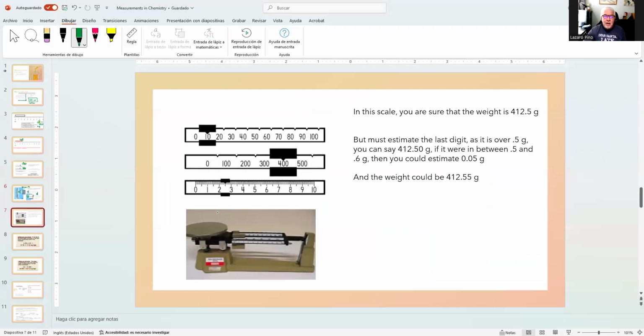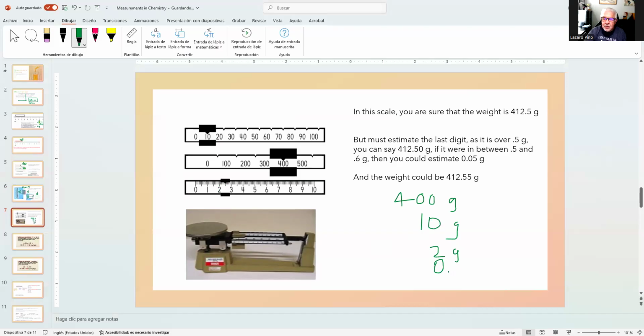Look at this. You're here measuring the weight. In this case, you are sure about the weight of the object is 400 grams. But also, you have here 10 grams more. And here you can see that you have 2 grams more. But it's something else.